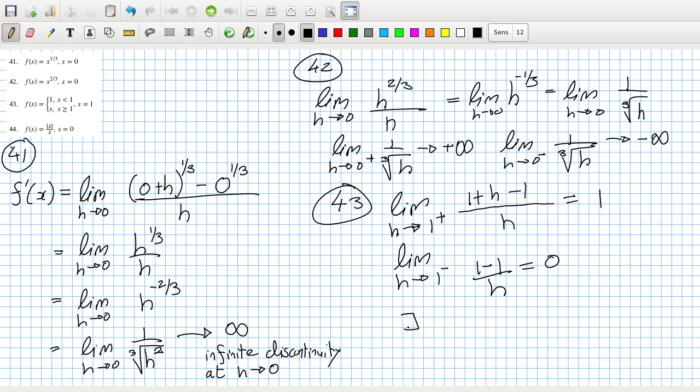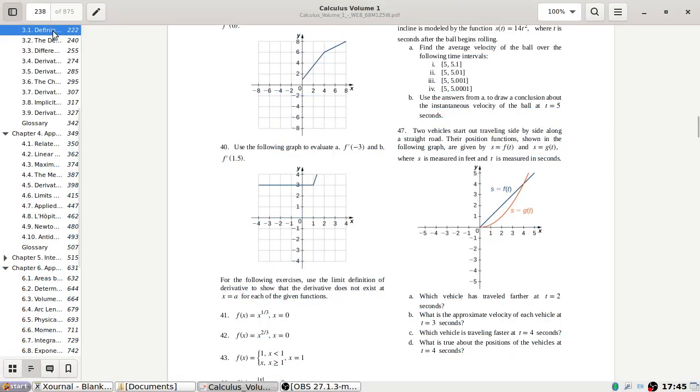So that means there does not exist a limit as h tends to 1 of f of 1 plus h minus f of 1 over h. So I assume it's going to say that at the back as well.